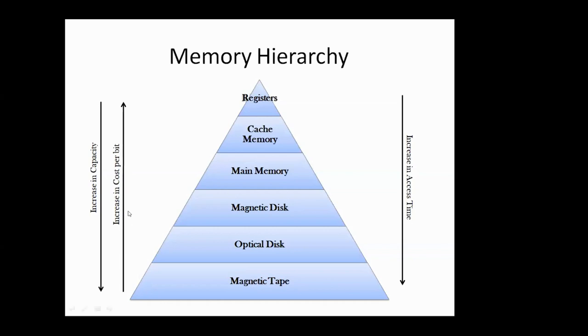If you see on the other side, there is an increase in capacity when you go down the pyramid. That means that in a computer you will find hardly 8, 16, 64 registers. That's it.